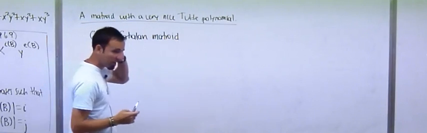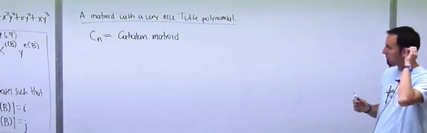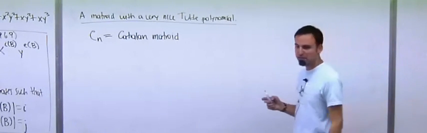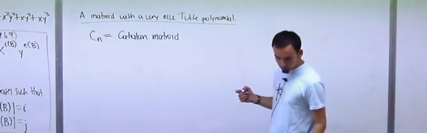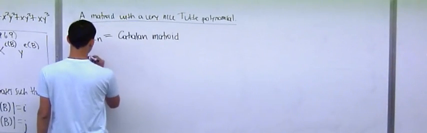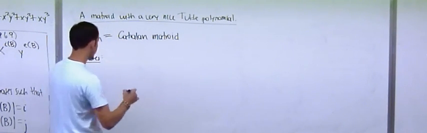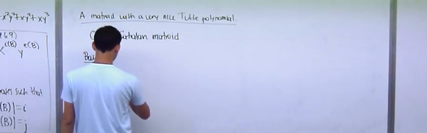You guys know the Catalan matroid very well because it is the matroid of problem set 1. It's the matroid of Dyck paths. So what are the bases of this guy? We said that they are Dyck paths, right?